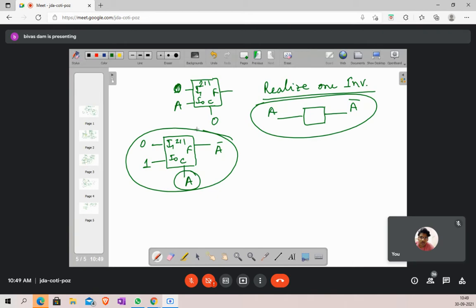Now using two 2:1 multiplexers, realize one 2-input XOR function. I repeat, using two 2:1 multiplexers, realize one 2-input XOR function.